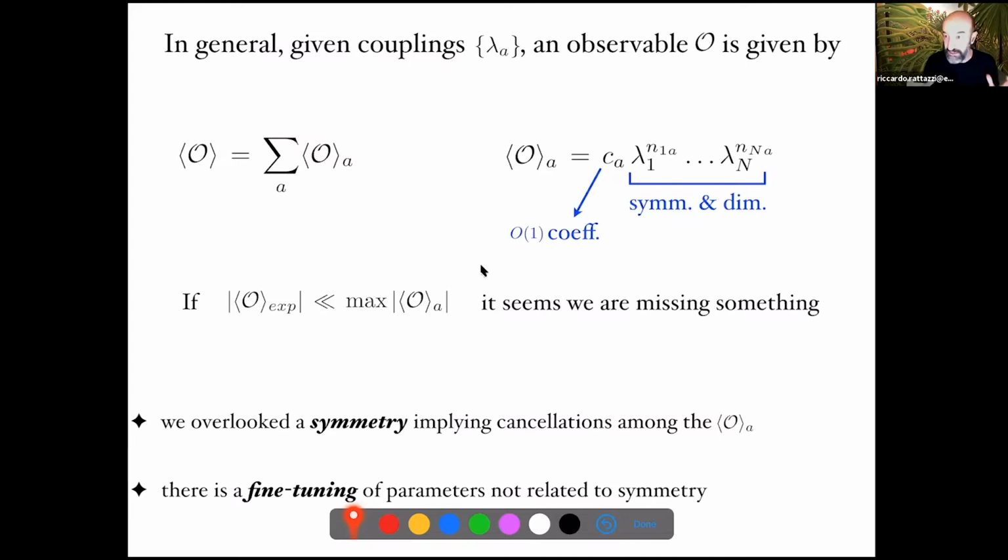So consider this. In general, a given quantum system will be endowed with several couplings, okay? Which could be like the electric field in the example of the hydrogen atom. It could be the couplings in the standard model. It could be more things, okay? These are your couplings, okay?